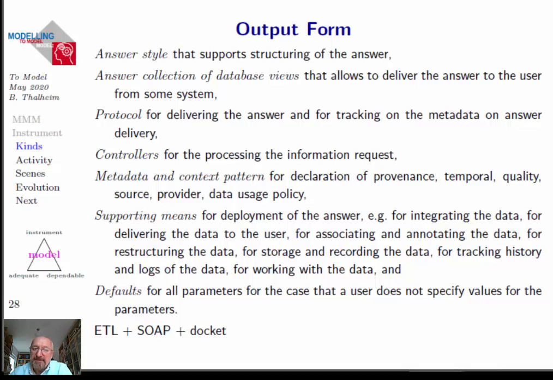And the output form represents which kind of results we expect, how we compute the result. That means we have an answer style, we have an answer collection of database views that are supporting us, we have controllers again, metadata and context pattern, and we have supporting means and defaults, as we have had already for our query and question forms.